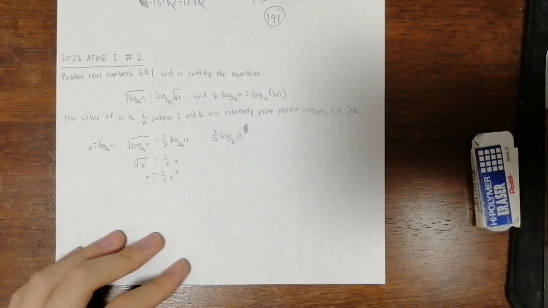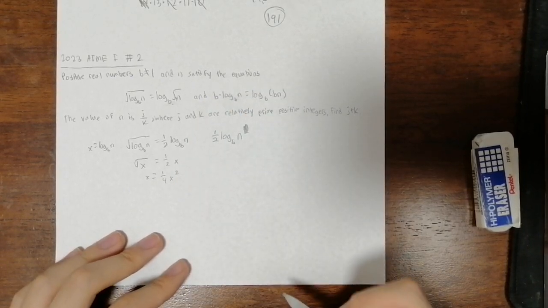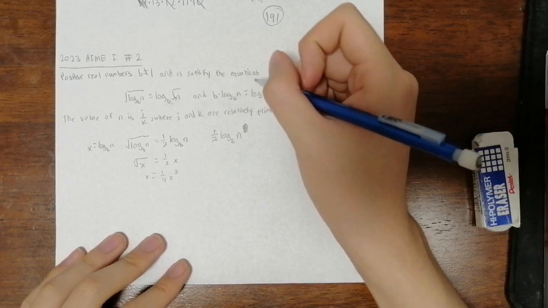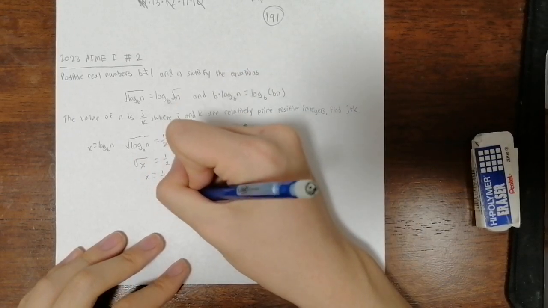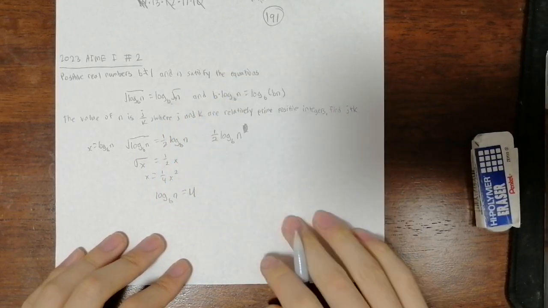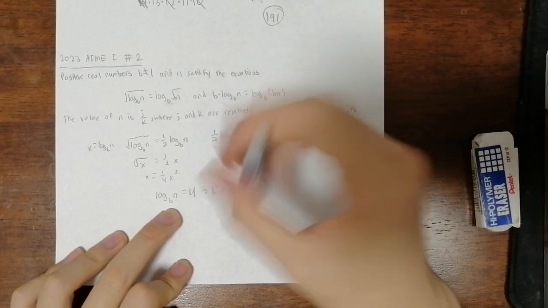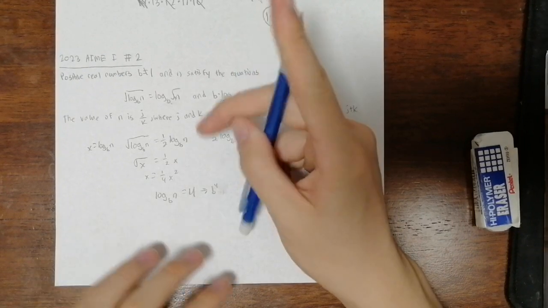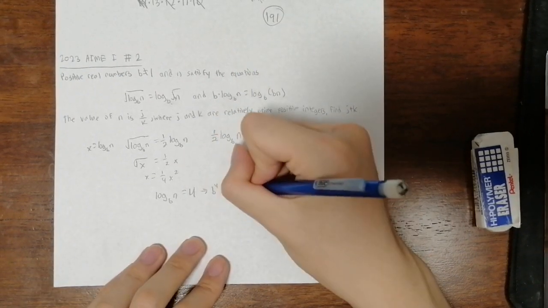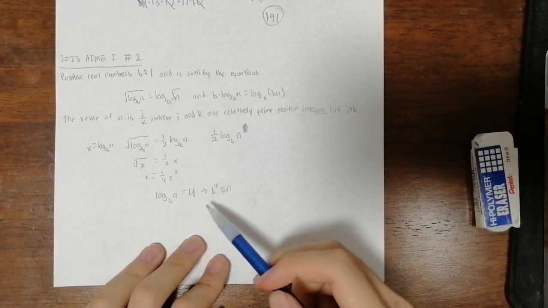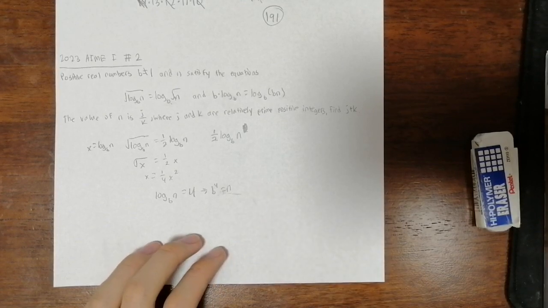And you can solve the quadratic and get the same thing where x equals 4 is a solution. So we can just say that log b of n is equal to 4. Or in other words, b to the 4th is equal to n. Okay, so that's our first equation. This is what we got, b to the 4th equals n.